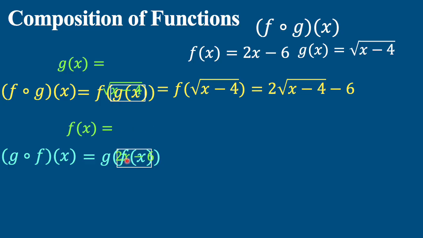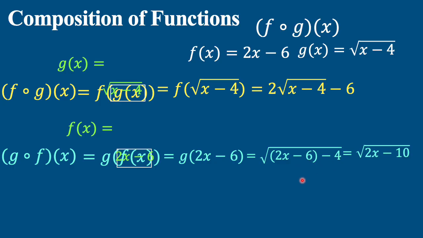Now you have g of 2x minus 6. G of x is square root of x minus 4. X will be replaced by 2x minus 6, which means square root of 2x minus 6 minus 4. Minus 6 minus 4 is negative 10. So you have square root of 2x minus 10.